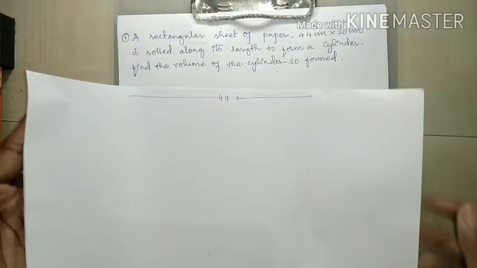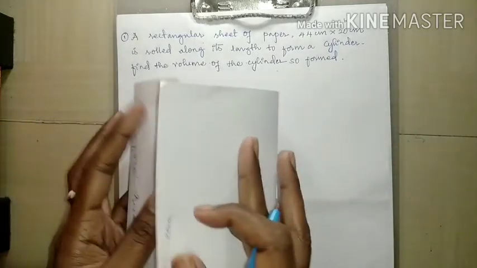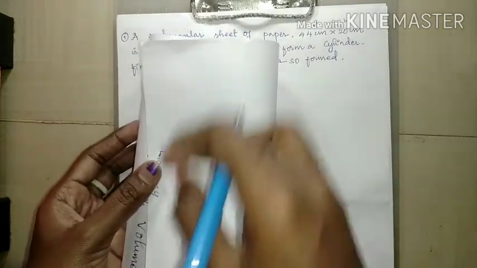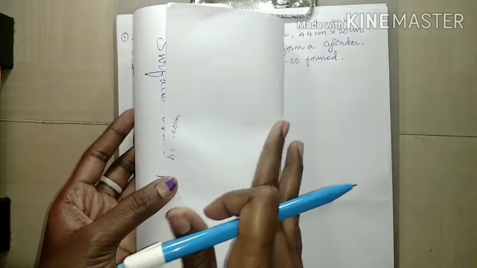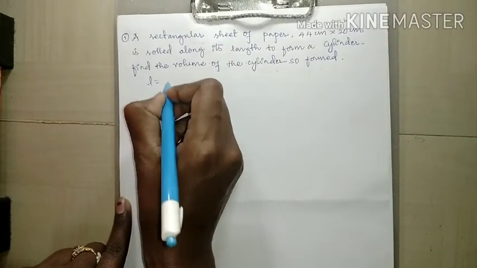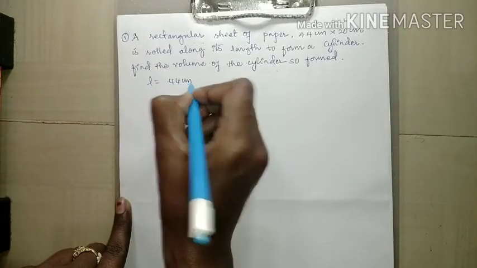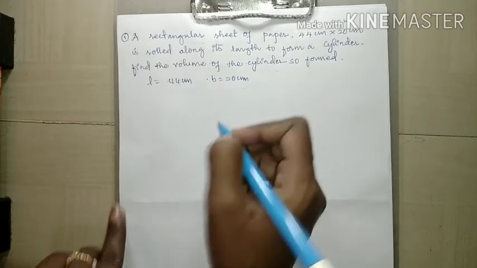So here the length part 44 centimeter is the circumference of the circle, and the breadth part, that is height, is 20 centimeters. So let me write the length is given 44 centimeter and breadth is 20 centimeter.